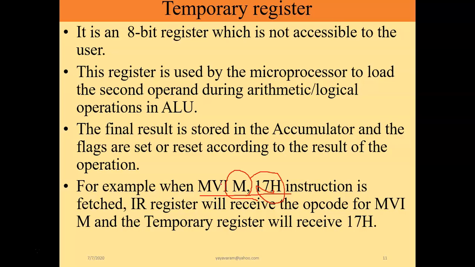So here, first the opcode of move immediate M is fetched, and how to tell these things to the microprocessor is through your operation code, as I've already told you. So we'll get this from the instruction register, the operation code, the meaning of this.